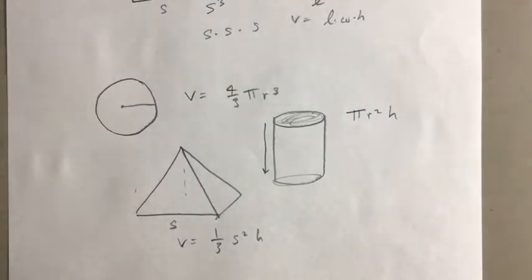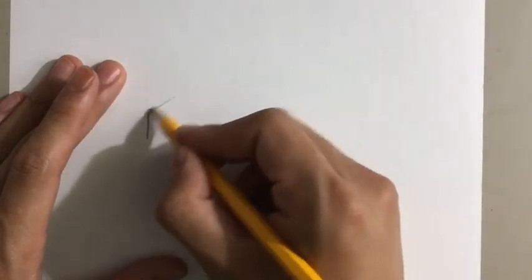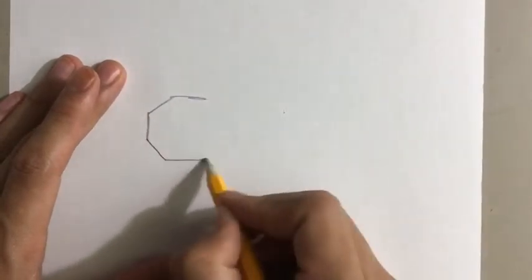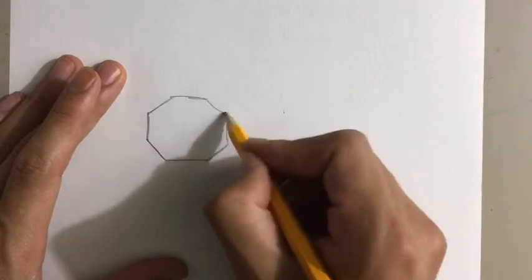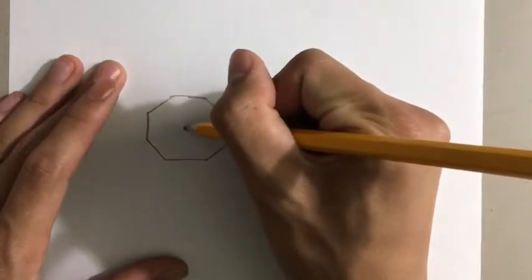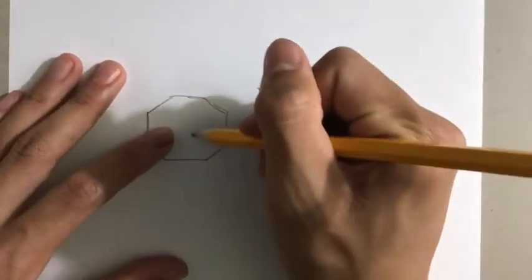And you could solve for certain parts of these geometric shapes by doing some algebra, by doing some trigonometry, but really it's pretty self-explanatory. And what I mean by that is if you have an octagon or something, I'm just going to draw one, and you have an octagonal prism, and there's a height that goes up here, and then you have to solve for that.